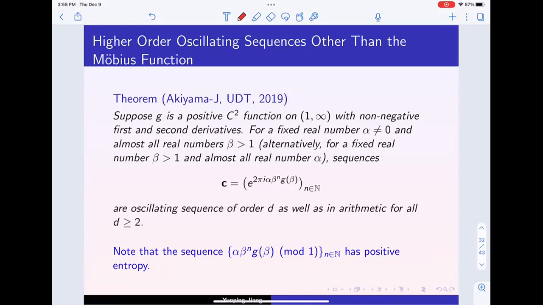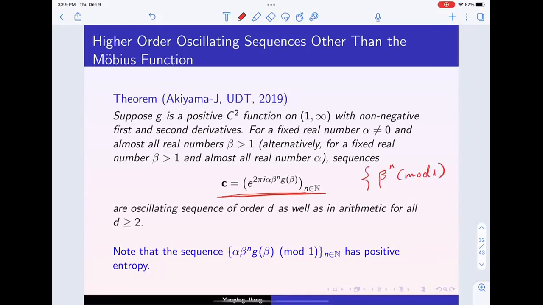In the paper with Akiyama, we actually found some other high order oscillating sequences, which, in view of dynamical systems, is actually called a beta expansion.